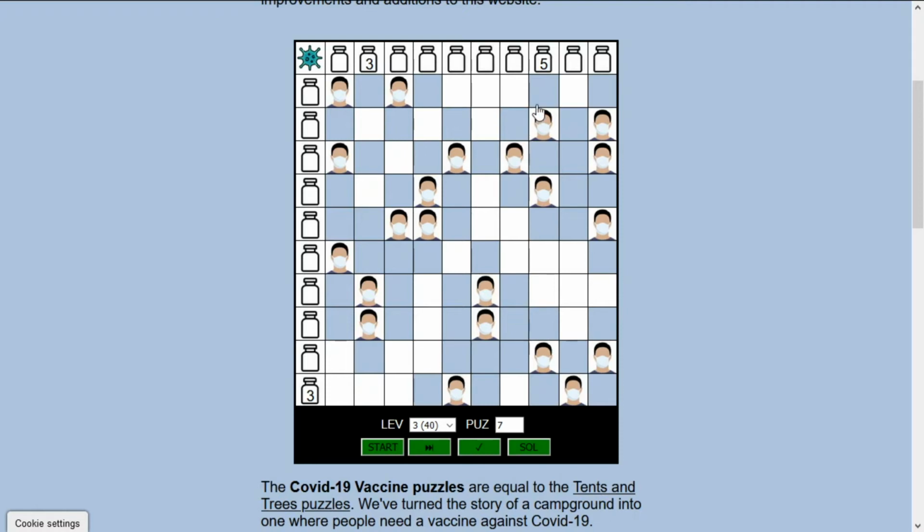So let's start. This vaccine can only go to that person, and I immediately make this white because we can't have vaccines touching each other. I will wait with this one because I can choose. So I continue.